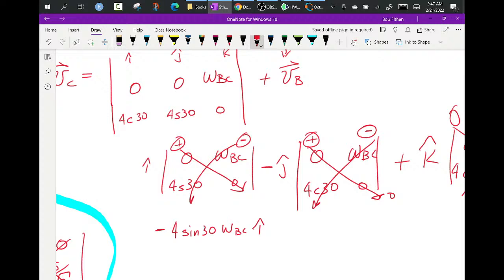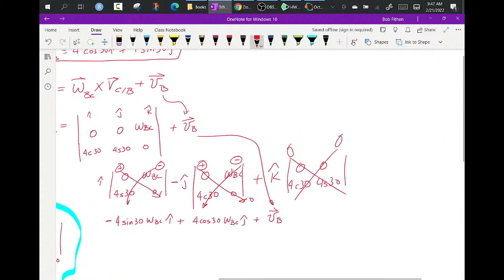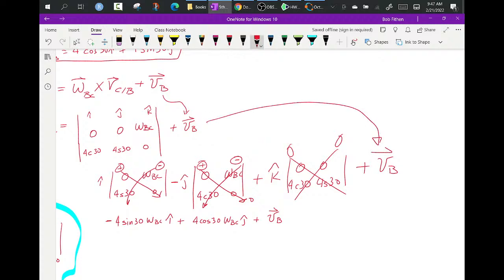But I got a minus attached with another minus, gives me back a plus, and that'll be 4 cosine 30, there you go, omega BC, J, plus, I'm going to go ahead and carry my velocity V right down here, which actually, technically, I guess I should have carried it here. So I'll say it went from here to here and from here to here.